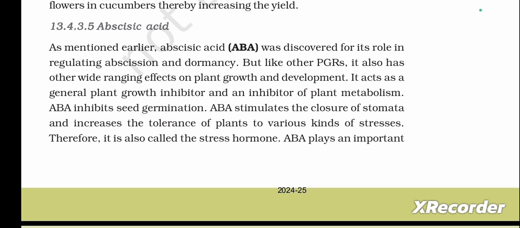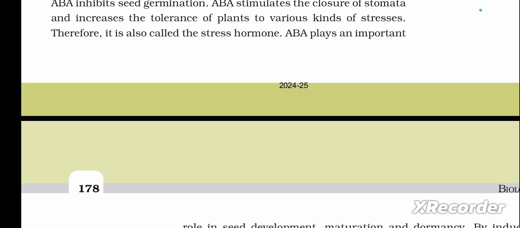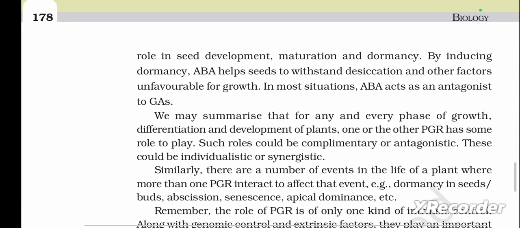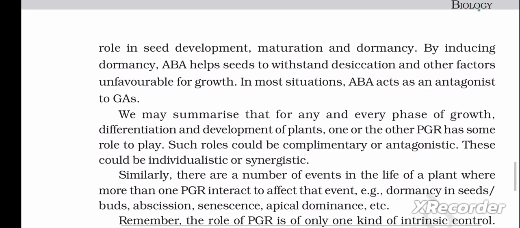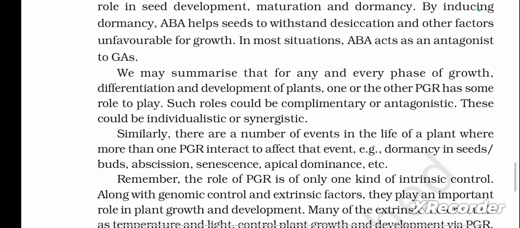ABA stimulates the closure of stomata and increases the tolerance of plants to various kinds of stresses. Therefore, it is also called a stress hormone. ABA plays an important role in seed development, maturation, and dormancy. By inducing dormancy, ABA helps seeds to withstand desiccation and other factors unfavorable for growth.